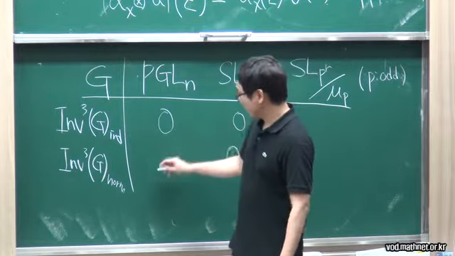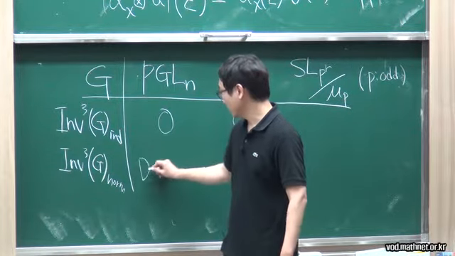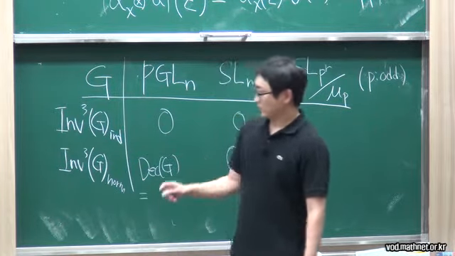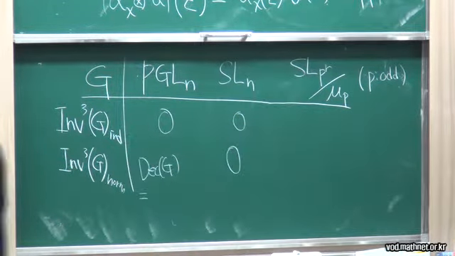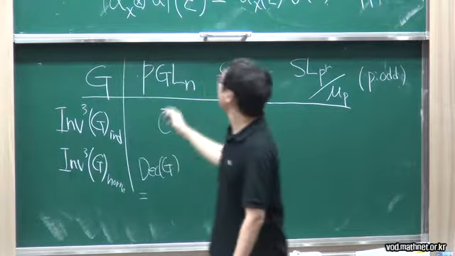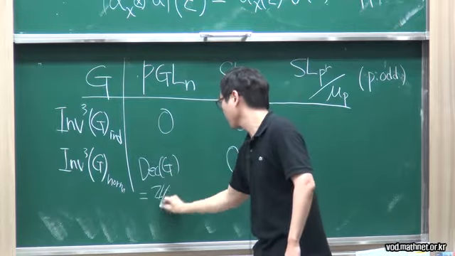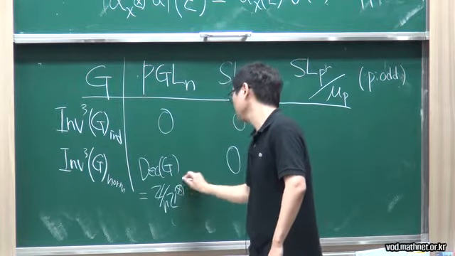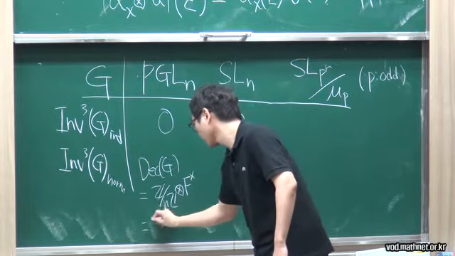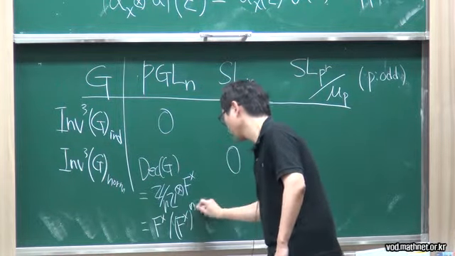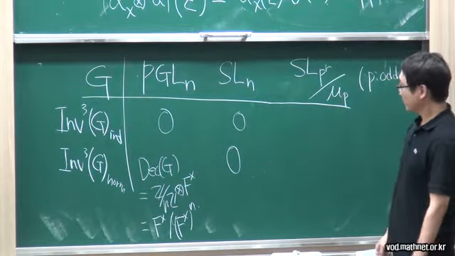So for PGLn, we only have a decomposable invariance, which is the tensor product of character group of M, which is Z in this case, times this F, and this.